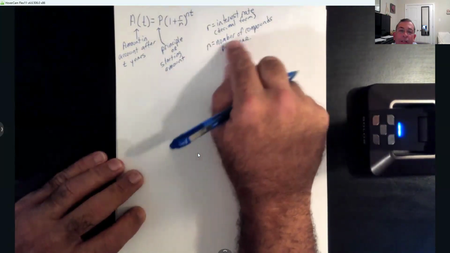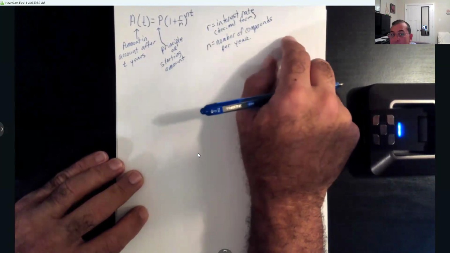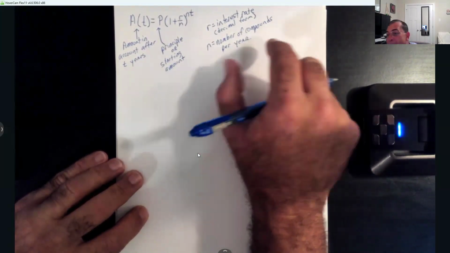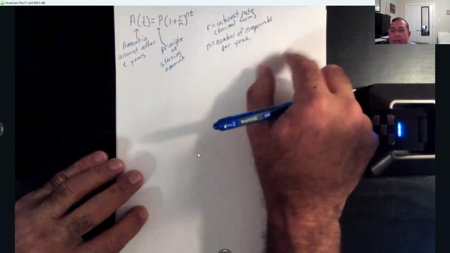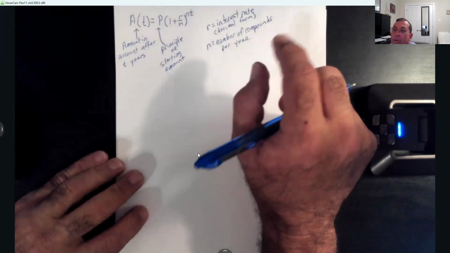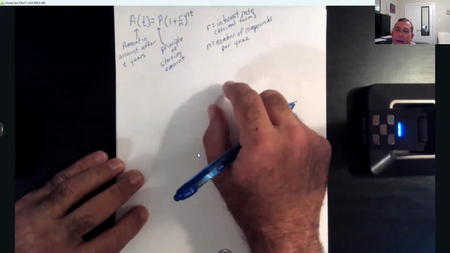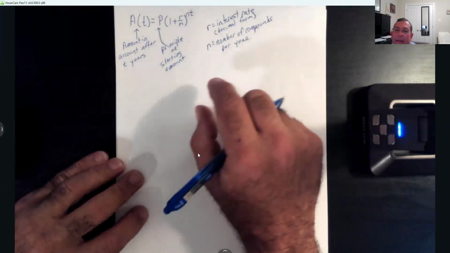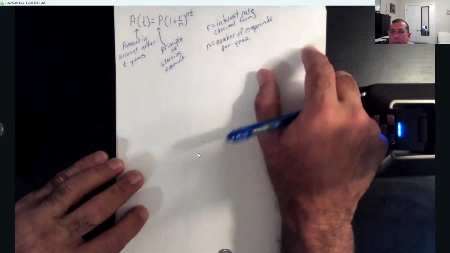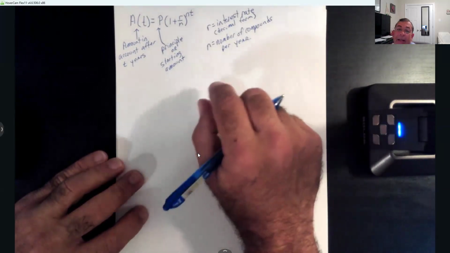Now on this, they'll use words like annually, which would be once a year, semi-annually, which would be twice a year, quarterly, which would be 4 times a year, monthly, which would be what, 12 times a year, daily.